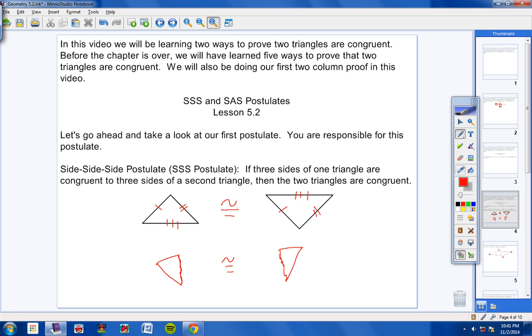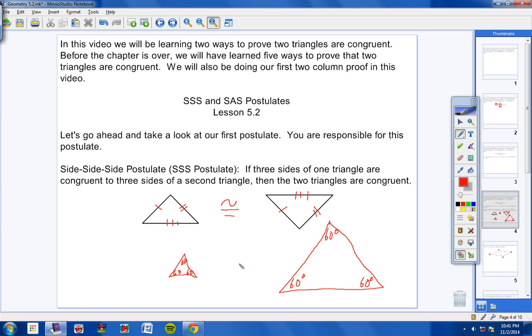Now, I want to show you something else you really need to see here. Please watch this. We cannot say the same thing about angles. I could draw a real small triangle like this that has 60, 60, and 60 for the angles. And I could draw a really big triangle like this that has 60, 60, 60 for the angles.